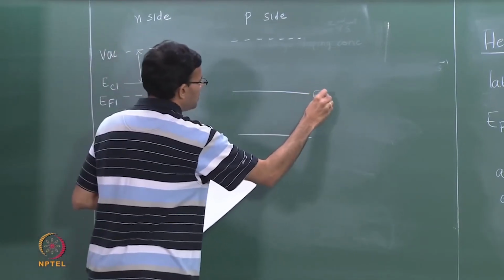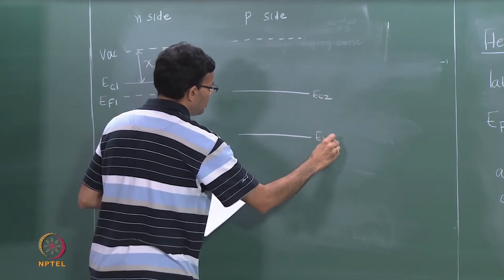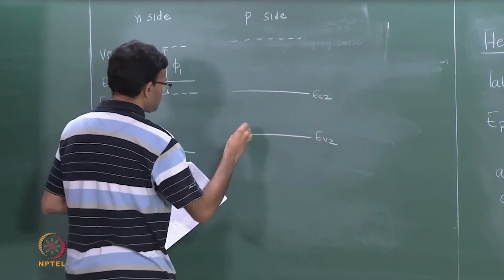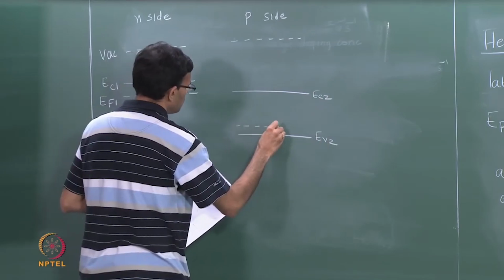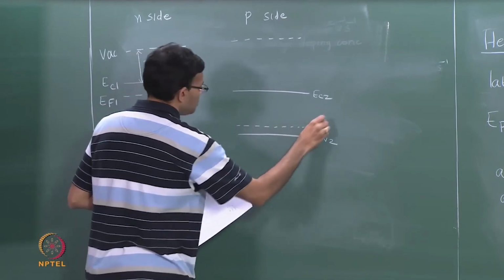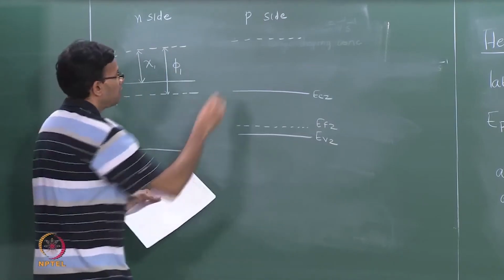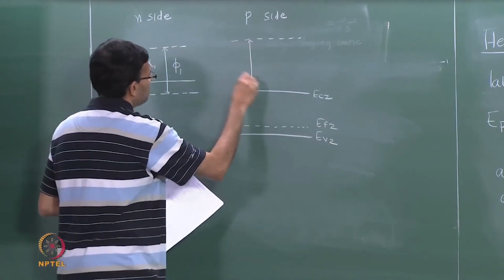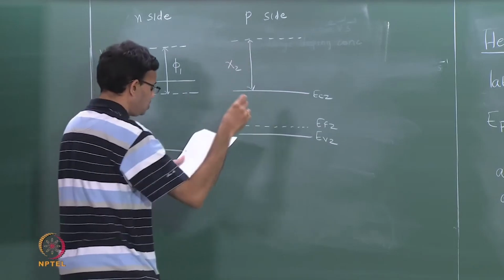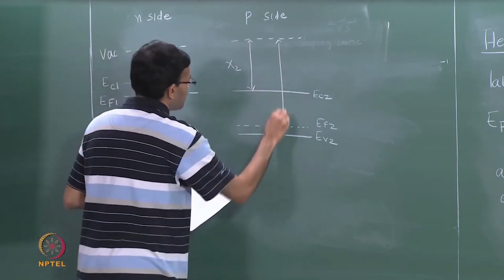So, this is EC2, EV2, this is EF2, and once again you can write down values of chi2 and the work function.